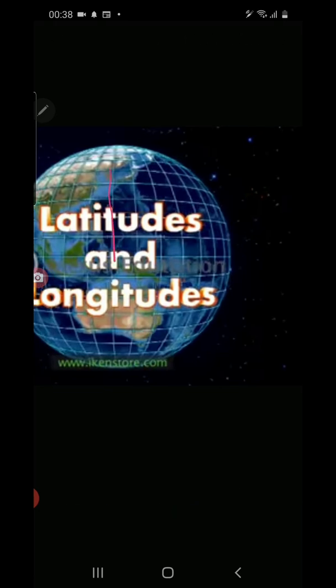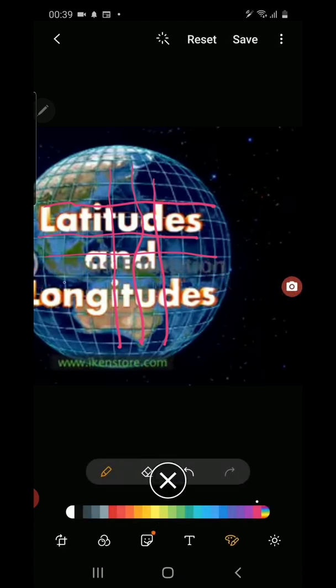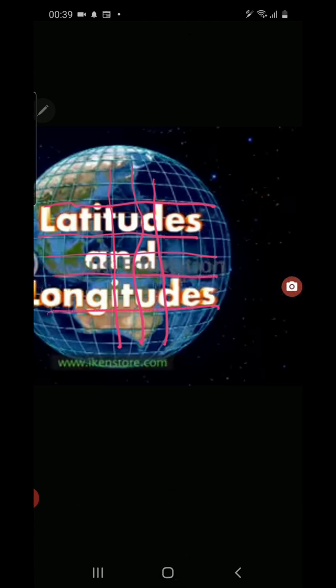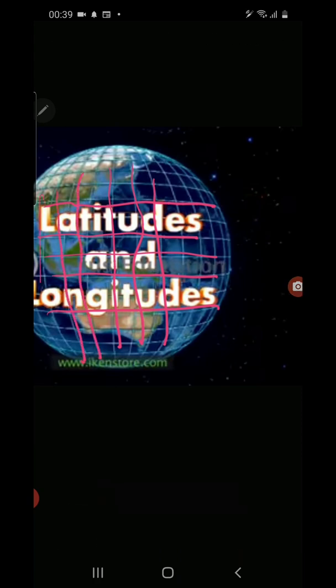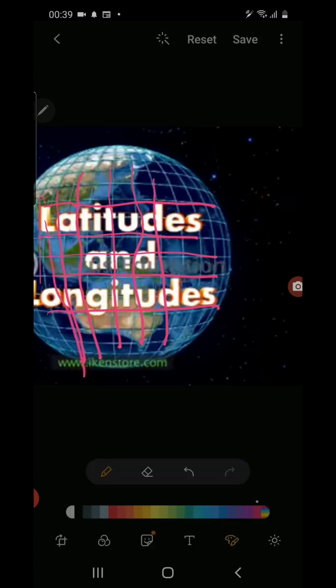You see these vertical lines are called longitudes, and these horizontal lines are called latitudes. Understood? These latitudes and longitudes mainly help us to locate places. So if you know the values of certain latitudes and longitudes passing through North America, you will be able to locate North America.